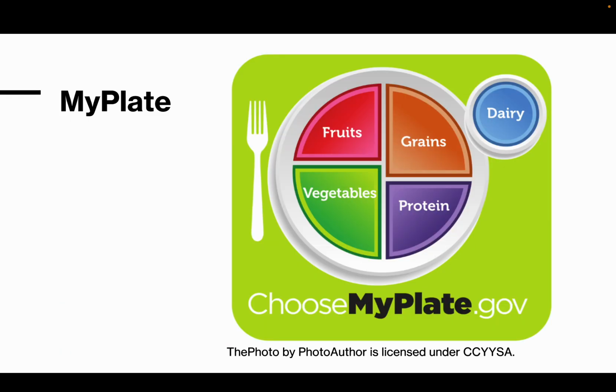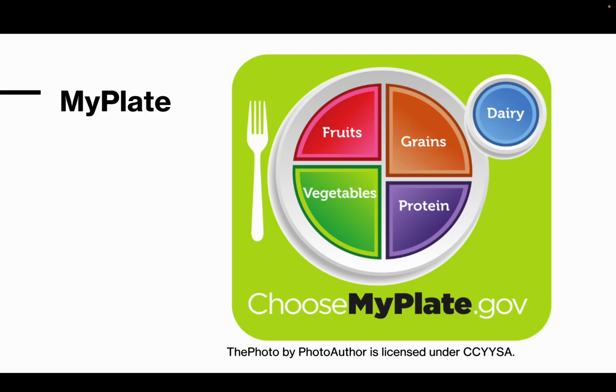Now, our current dietary guidance system, MyPlate, was introduced in June 2011. MyPlate is a simple but powerful visual tool that breaks down healthy eating into 5 food groups: fruits, vegetables, grains, protein, and dairy. By imagining a plate, like the one you see on the screen, divided into sections, individuals can easily plan balanced meals.